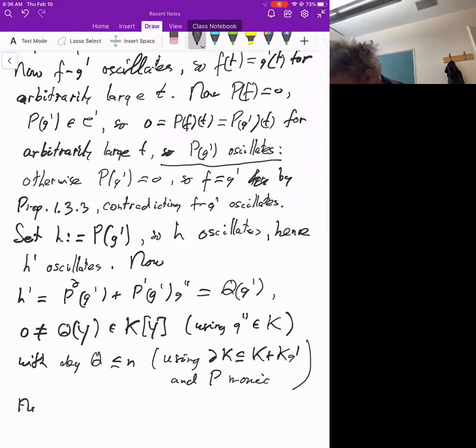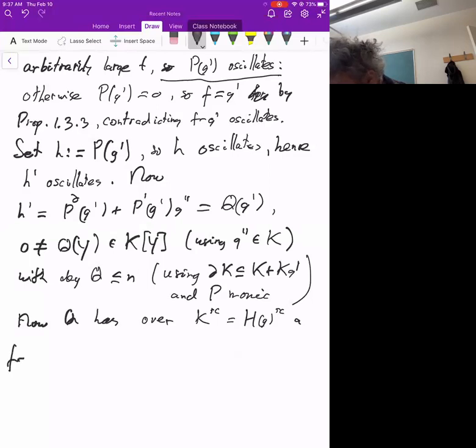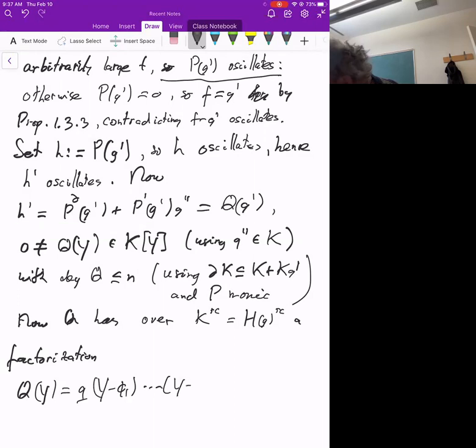Now Q has a factorization over the real closure of K, which is H. Q(y) equals little q times (y minus phi1) ... (y minus phi m), and then some quadratic irreducible factors, so to say.